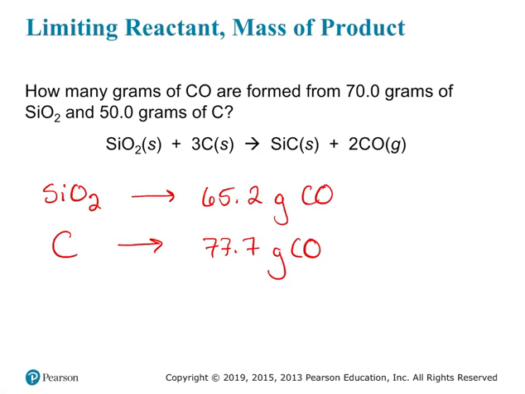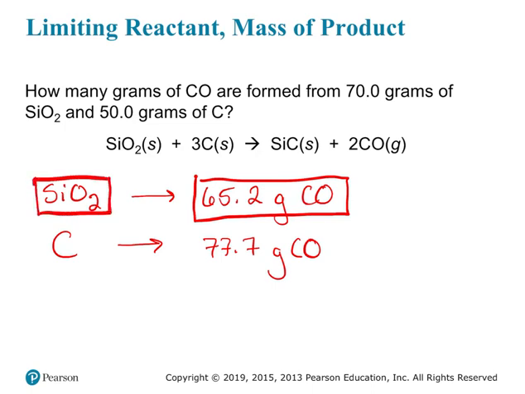Okay, so comparing those two values, which one is smaller? 65.2. All right, so that tells us that silicon dioxide is our limiting reactant, which I'll abbreviate LR. What this also tells us is that we can only form 65.2 grams of carbon monoxide because silicon dioxide is going to run out at that point.